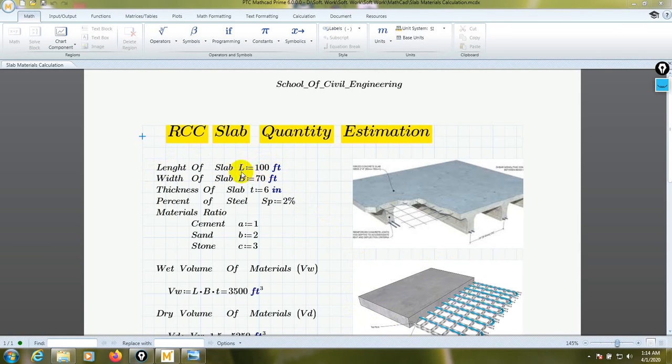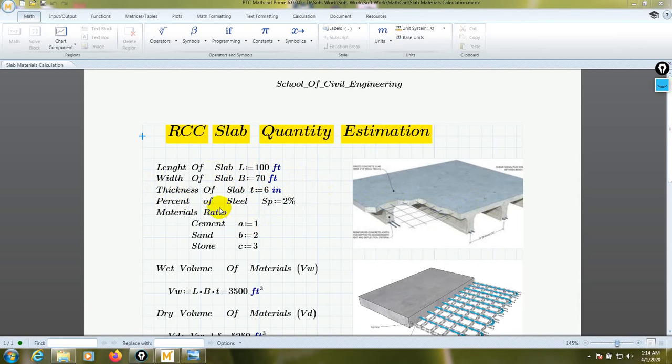So the length of the slab is L equal to 100 feet, and the width of the slab is B equal to 70 feet. We'll consider the thickness of our slab is 6 inch.